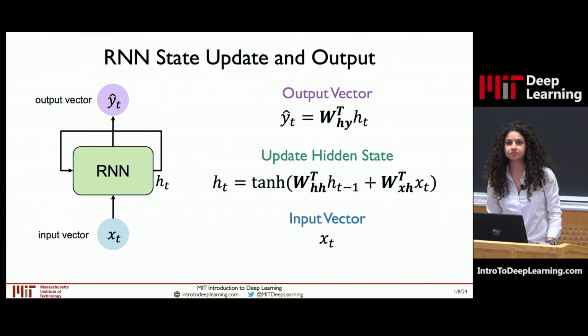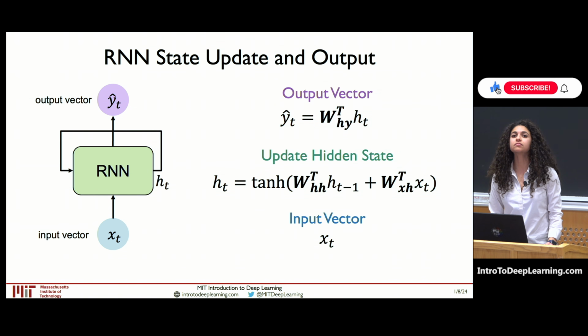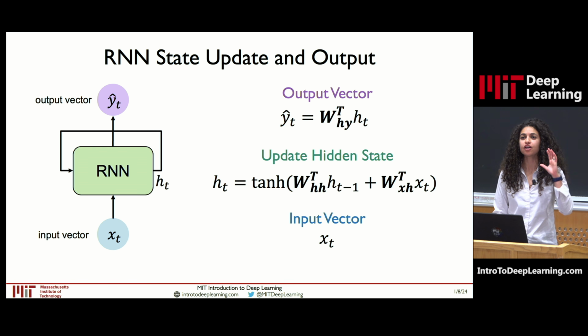Question: can we choose different nonlinear functions instead of tanh, and if so, how do you have intuition on which ones to choose? Yes, absolutely. The question is how do we choose the activation function besides tanh. You can indeed choose different activation functions.